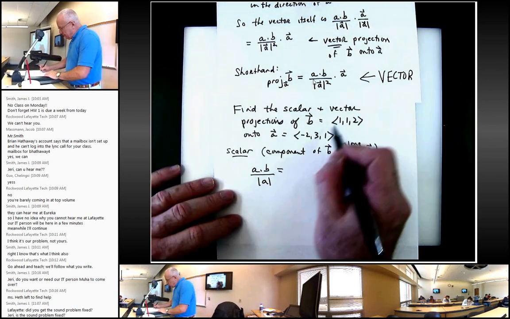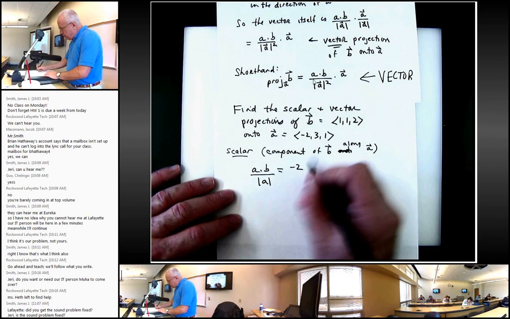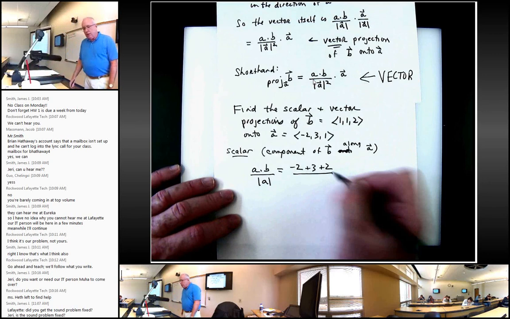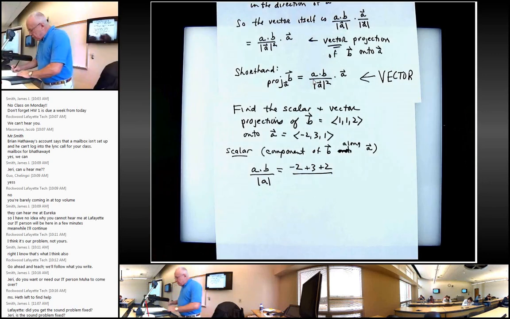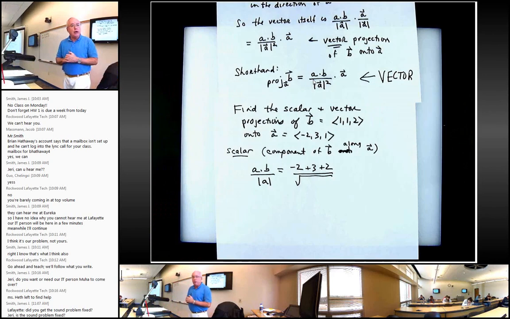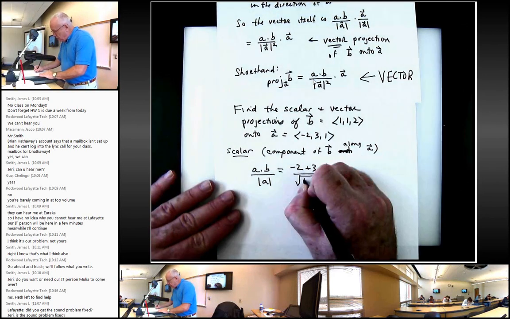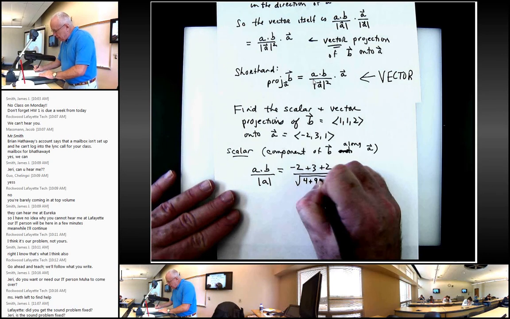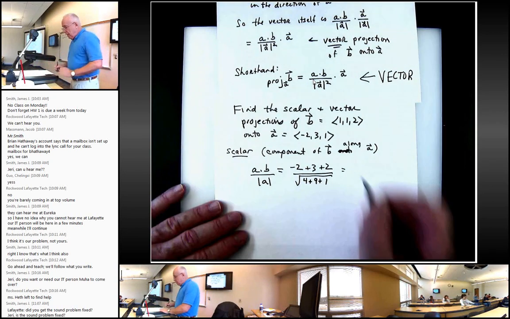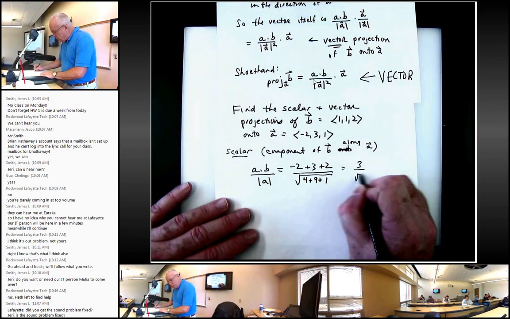So 1 times -2 is -2, 3 times 1 is 3, 2 times 1 is 2, and then we can figure out for the denominator the magnitude of A. A is -2, 3, and 1, so we square each component. That's going to be 4 plus 9 plus 1, and simplify this expression, and we get a 3 divided by the square root of 14.